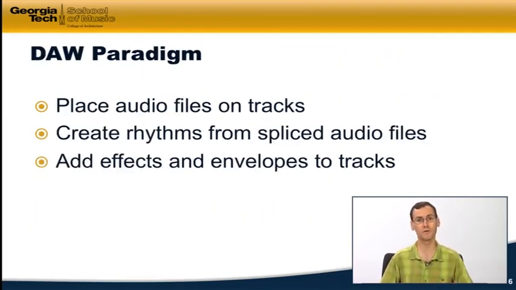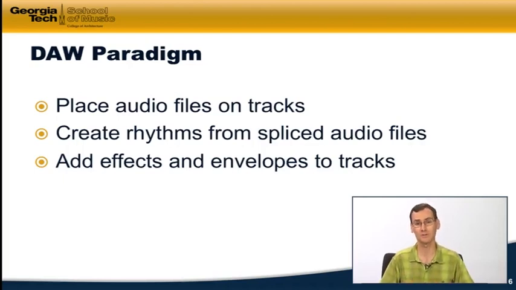And like I said before, the way we add music functionality into Python follows this DAW paradigm. So in modules 2 and 3, we spent a lot of time learning about how DAWs work. And so when we designed the functions that are part of EarSketch, we were thinking about that very carefully. You can do things like placing audio files on tracks, the same way that you would drag files into a DAW.